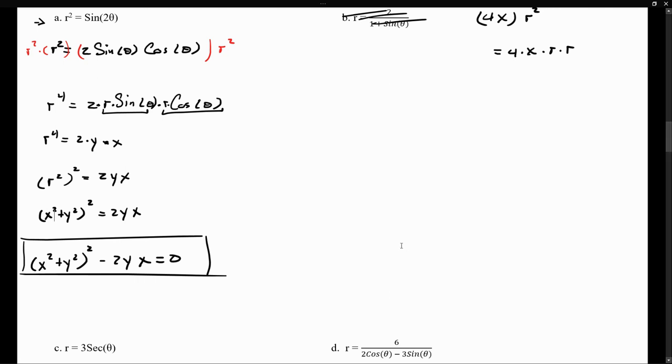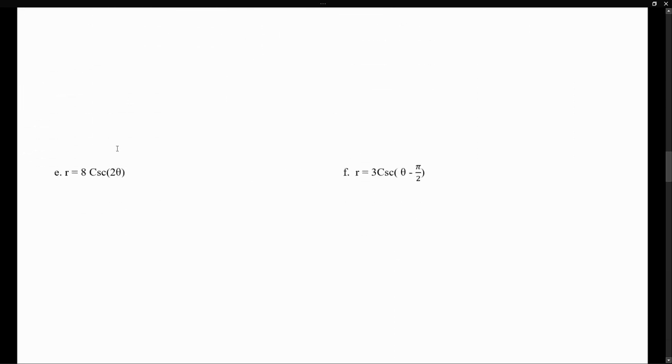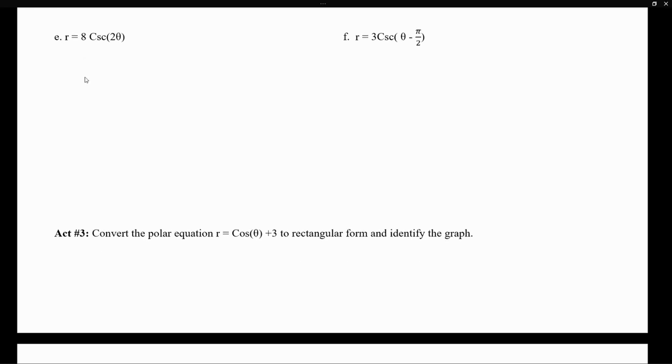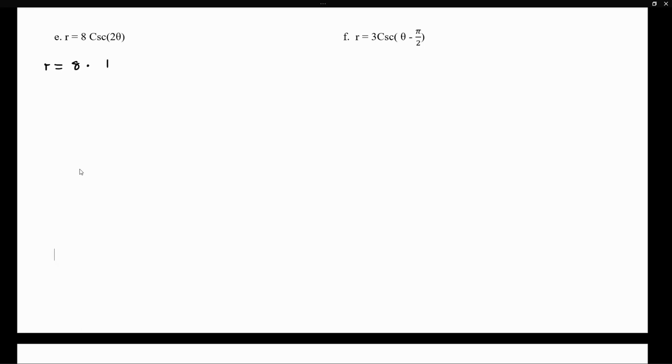Lastly, let's take a look at another double angle identity. So let's take a look at example E. Again, we want to get rid of this double angle identity, but notice that we don't have such an expression as a double angle identity for cosecant. We only saw double angle identities for sine, cosine and tangent. But I know that cosecant is equivalent to 1 over sine.